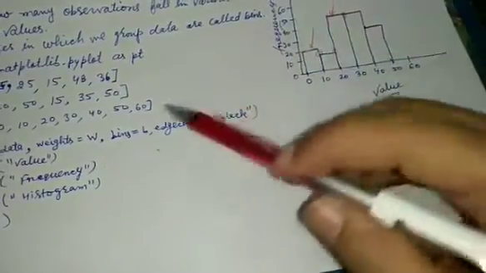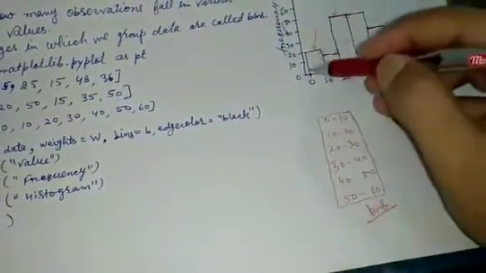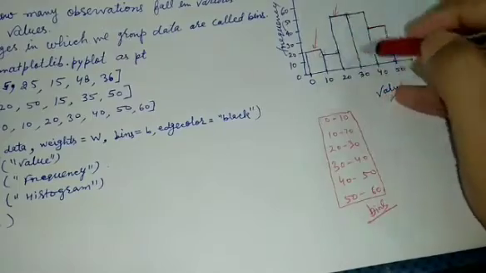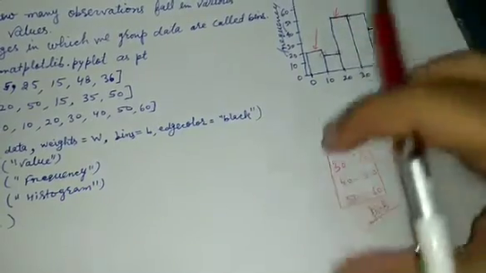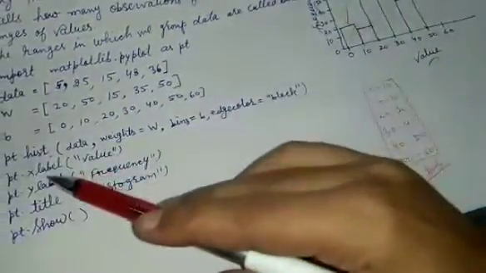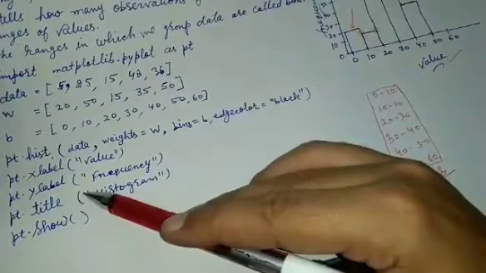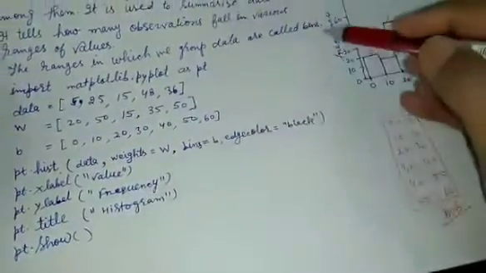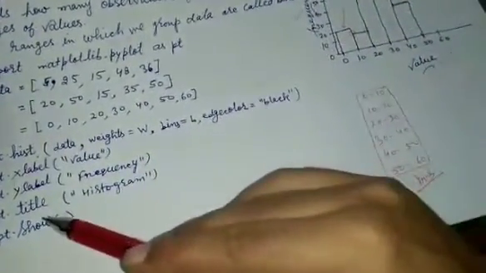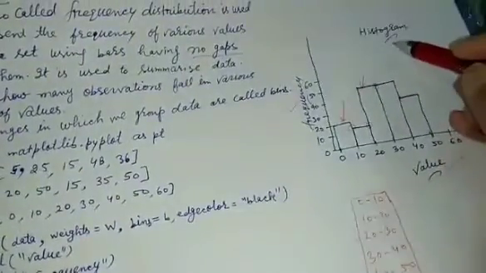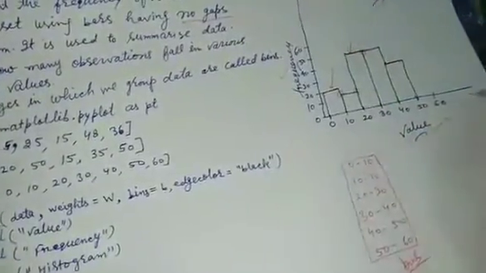Okay, edgecolor is black. This color you can change, so this is in black color. xlabel is value, ylabel is frequency, and title is histogram. You can see over here. plt.show will draw this histogram.